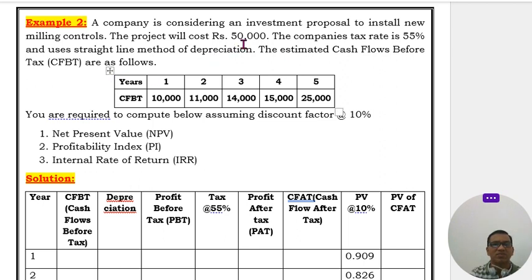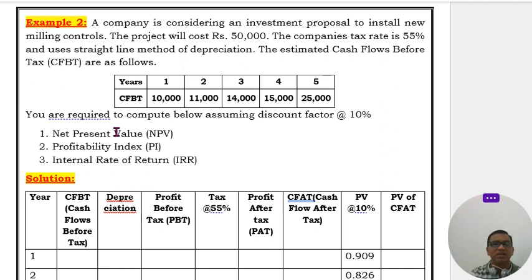So here cost of the project is given, life of the project is given, but the cash flows are not cash inflows. They are cash flows before taxes. CFBT. Cash flows before taxes means before deducting depreciation and tax.